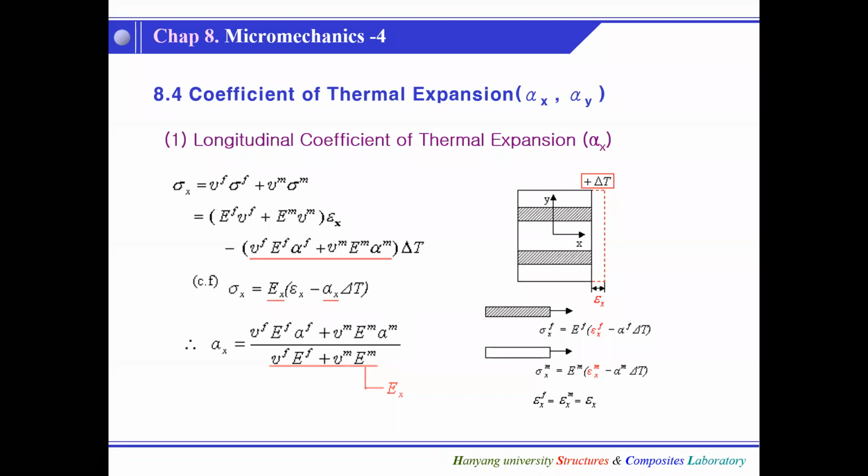I'd also like to remind you that strain is always given like sigma over E, right? That's the strain due to stress, but there is always additional strain due to temperature increment, delta T, and there is the CTE. So alpha is the ratio between strain and temperature increment.